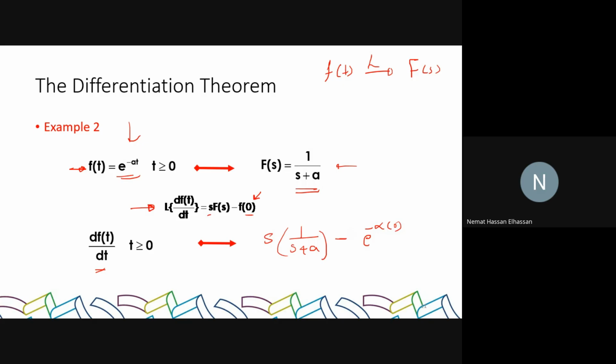Clear? Which is equal to what? e power 0 is what? 1. So the result is s over s plus a, minus 1. Clear? Makes sense?